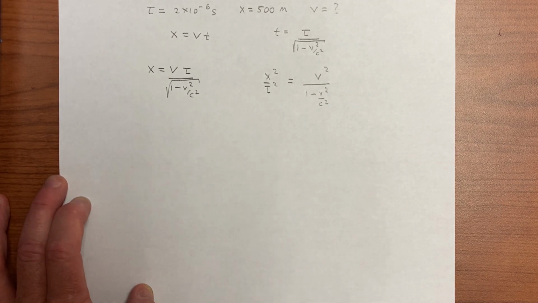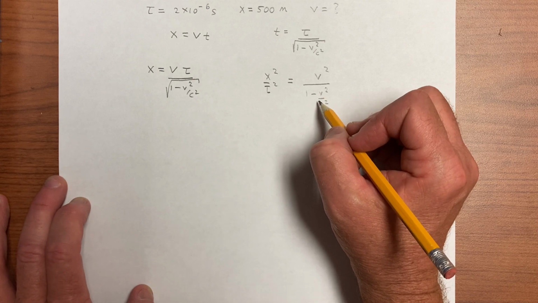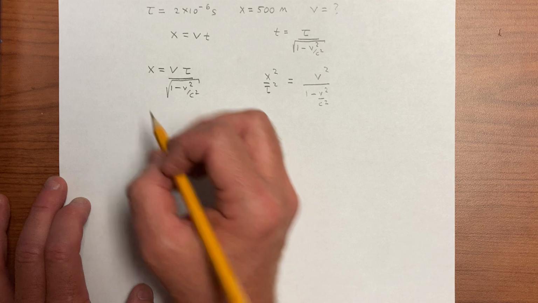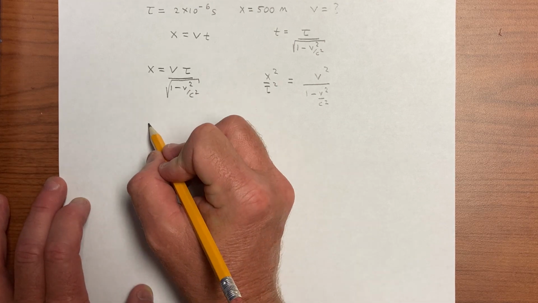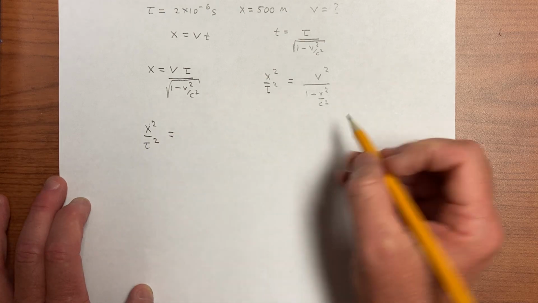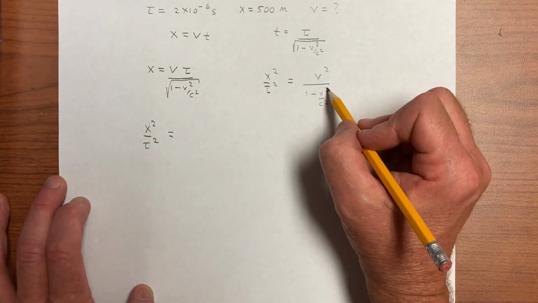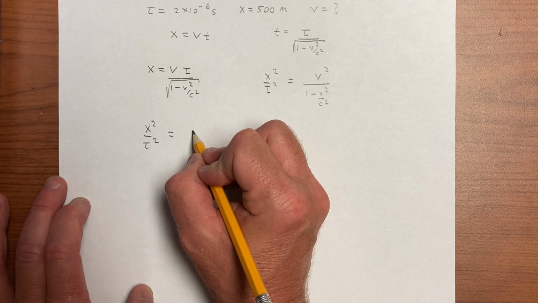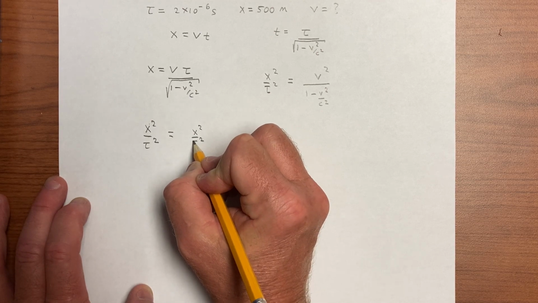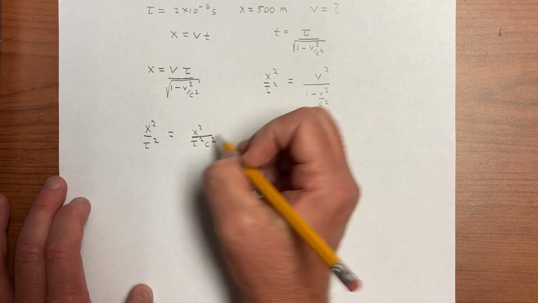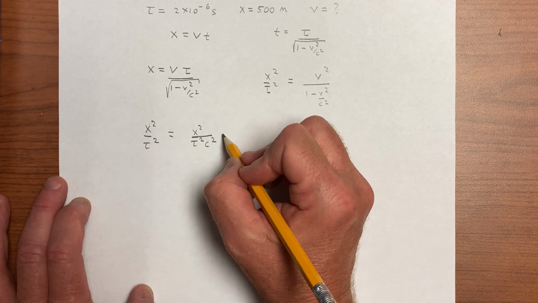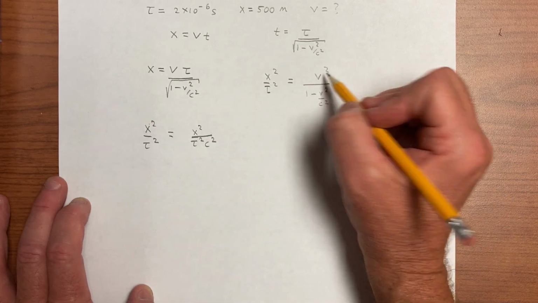at which point, if we multiply both sides by this 1 minus v squared over c squared, then we'll get an x squared over tau squared minus x squared over tau squared v squared over c squared. So that brings an x squared over tau squared c squared, v squared, when we bring it to this side, times v squared plus a v squared that's already there.